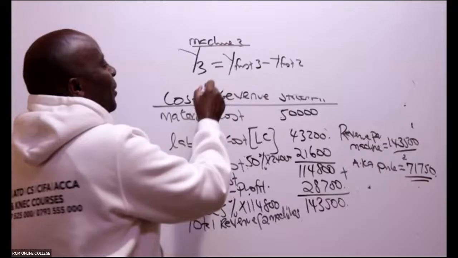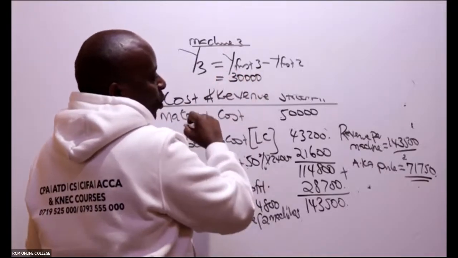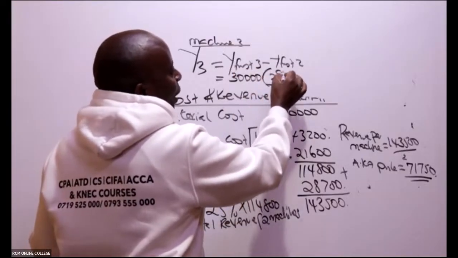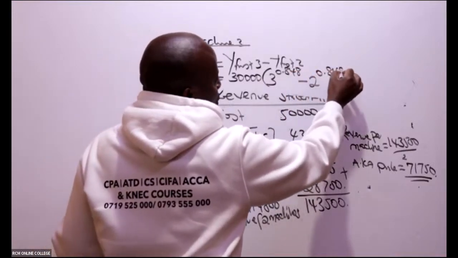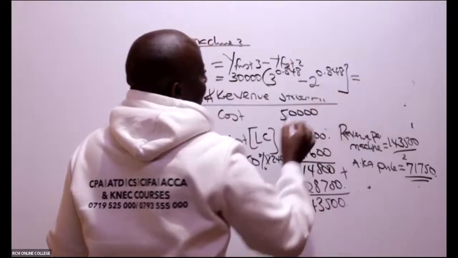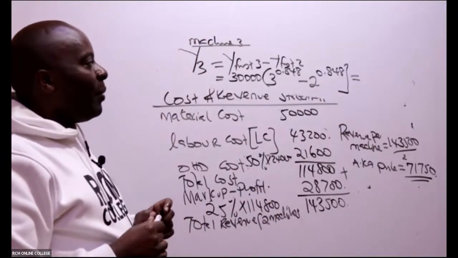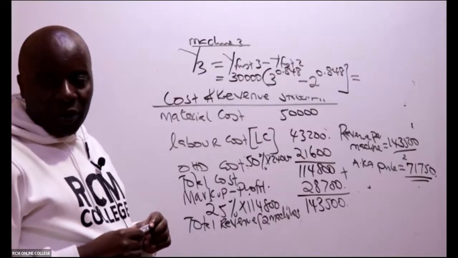Then you come here, remember, it will be 30,000 outside, the A, which you had gotten, the A was 30,000, into 3 raised to the power, minus 2 raised to the power, like that. So can somebody give me the labor cost for machine number 3.